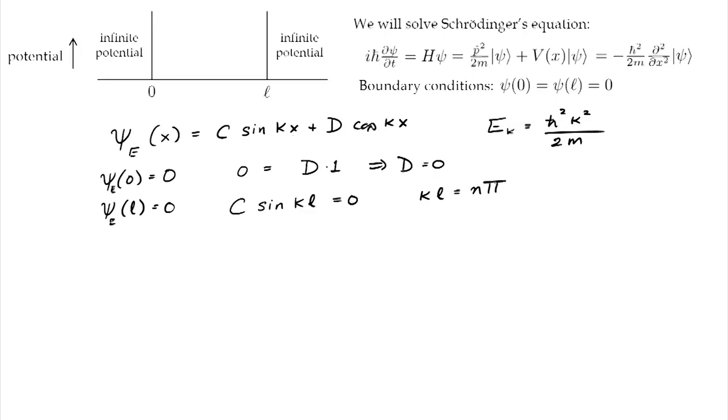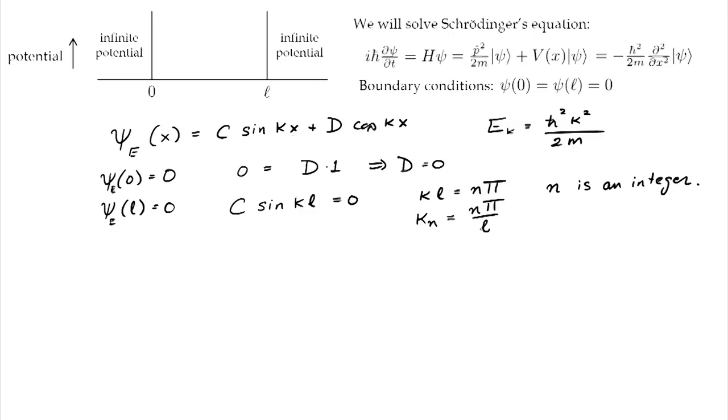So it must be n times pi, where n is an integer. And therefore k must be quantized. Let's emphasize this fact by calling it k sub n. It can only take values of the form n times pi over L. So it takes only one of these discretely many values. k cannot be an arbitrary number.